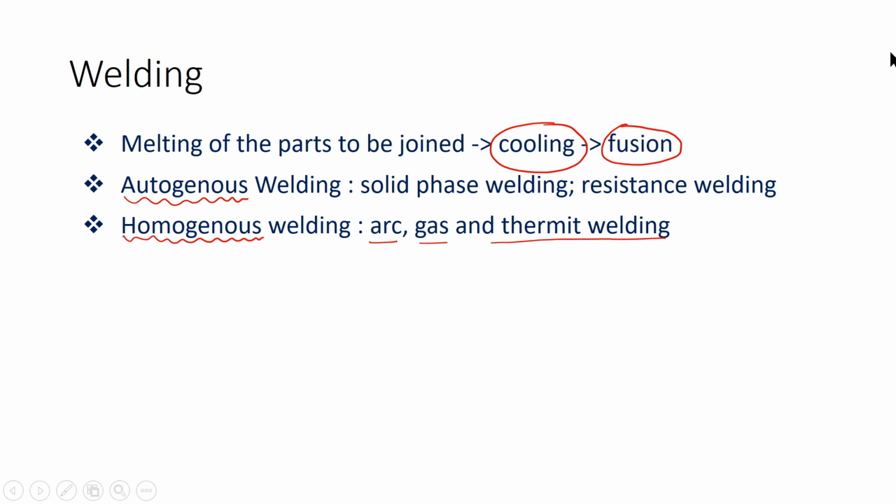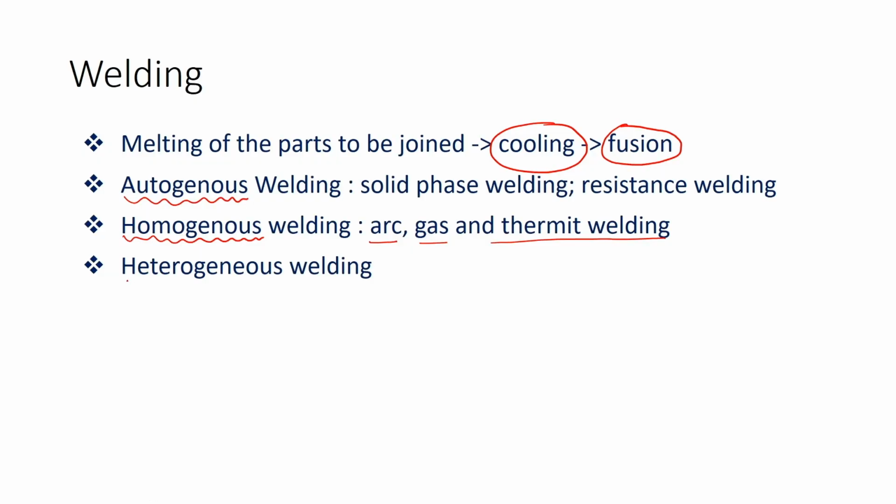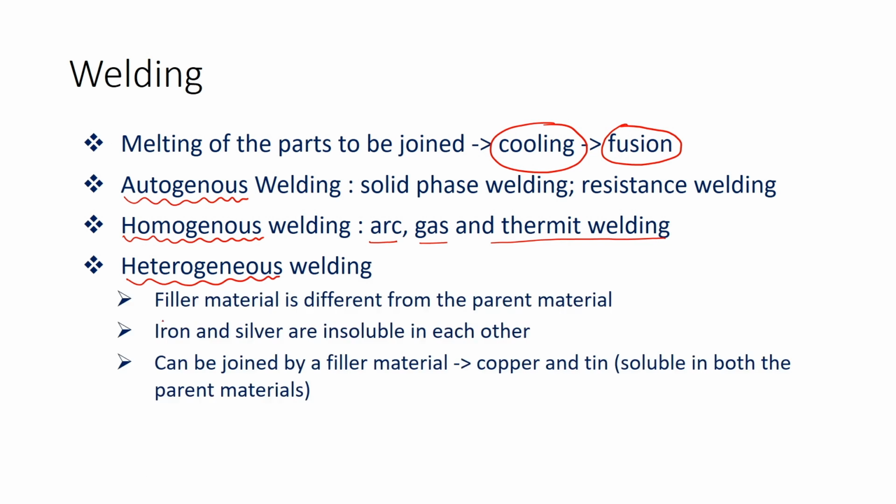But in certain cases it is not possible to use a similar kind of electrode for the joining operation. That variant is called the heterogeneous welding operation. In this process, the filler material is different from the parent material.